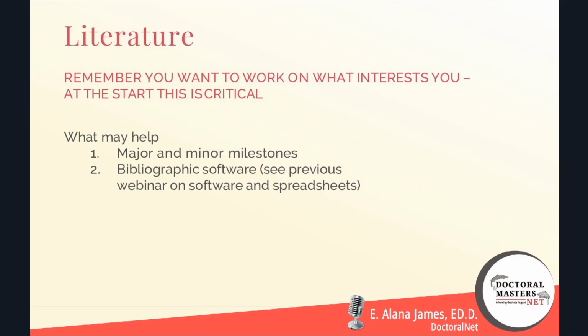We previously did a webinar on using bibliographic software and spreadsheets together. I have a link for that later on in the slides. And by the way, the slides are up in the handouts. Bibliographic software has some help for you in organizing your ideas as you go along. Don't just think, oh, I have to catch this in my software.